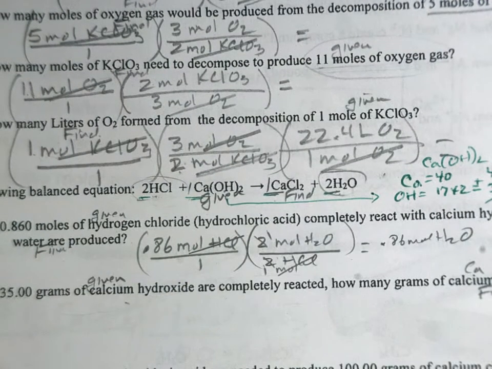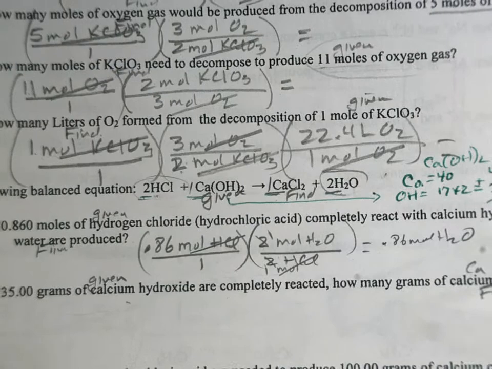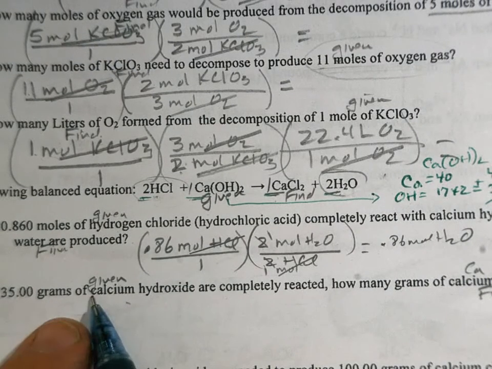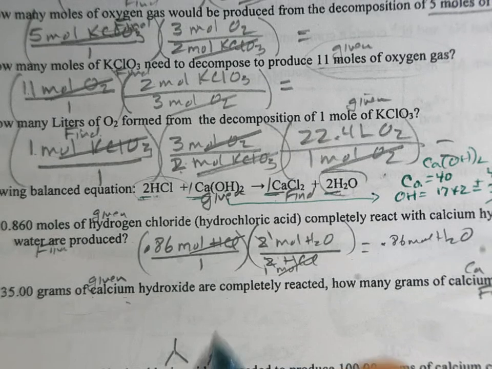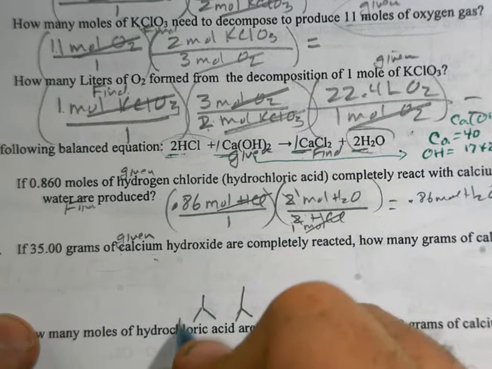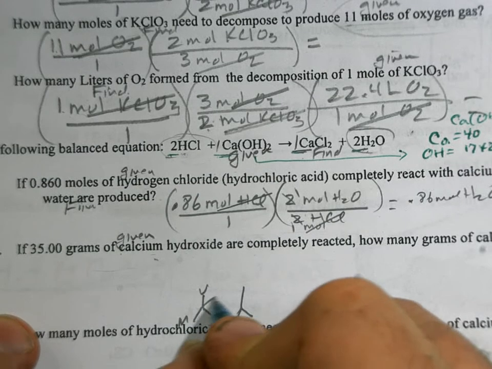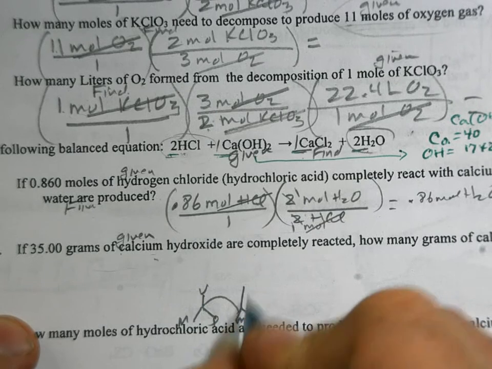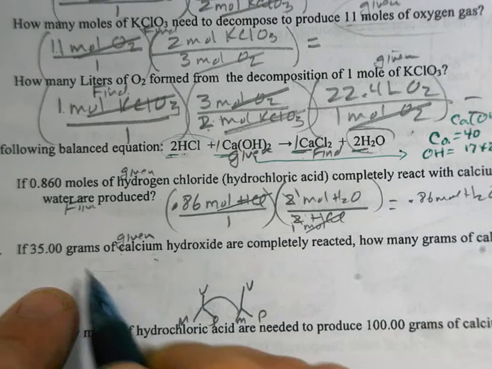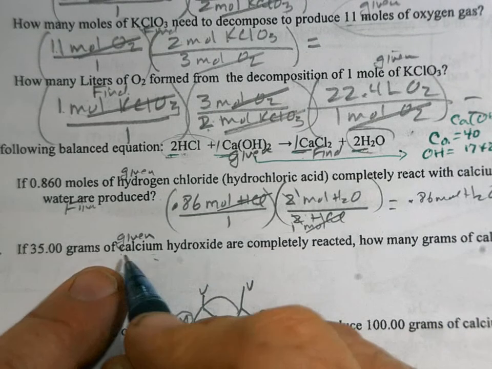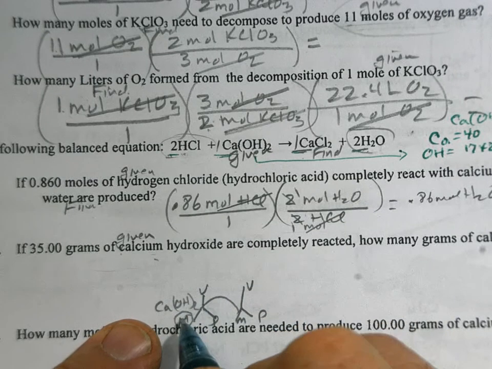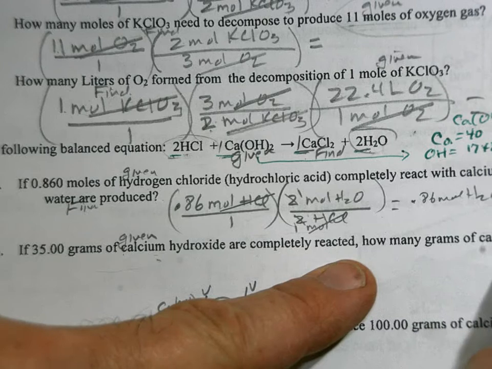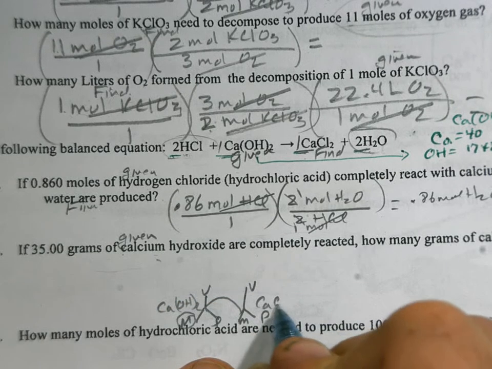All right, so let's always start by taking a look at the MVP triangle. We're at grams of calcium hydroxide. I'm just going to make a simple MVP triangle down there. MVP, make the jump to 1 compound. We're starting at grams of calcium hydroxide, Ca(OH)2, and we're trying to find how many grams of CaCl2.